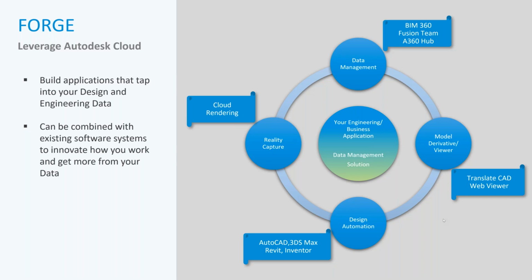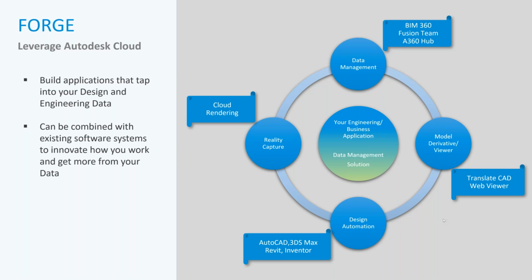Now, Forge is a collection of APIs, and the highlighted items are the data management, the viewer, design automation, and Recap, the reality capture API. So these four are the main highlights of the APIs. There are a few other useful APIs, but I won't be talking about those. These four APIs are mainly associated with helping you collaborate on your data.